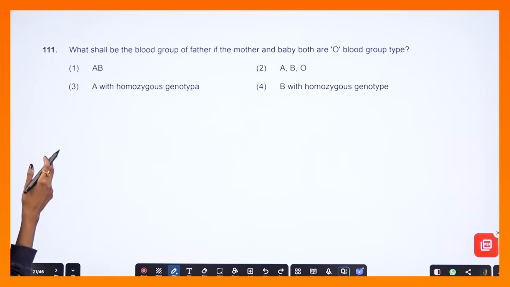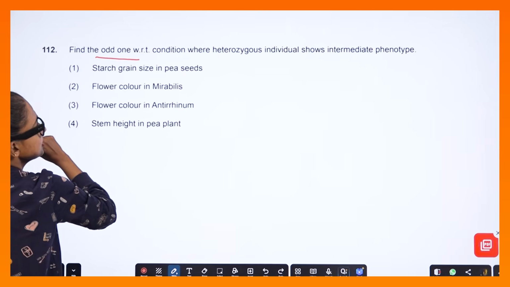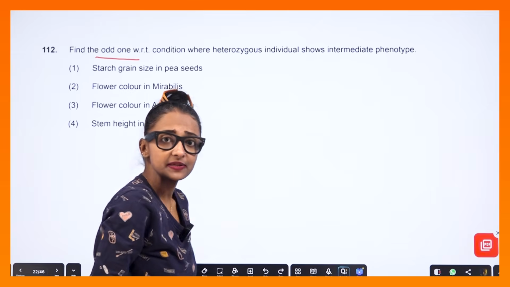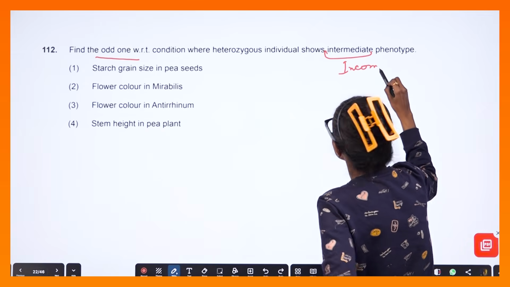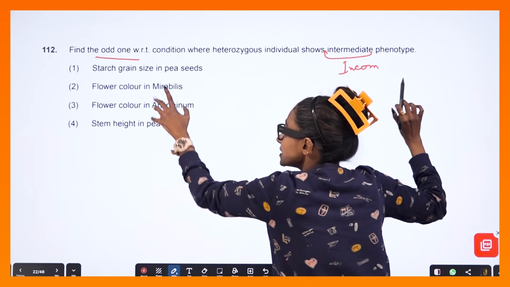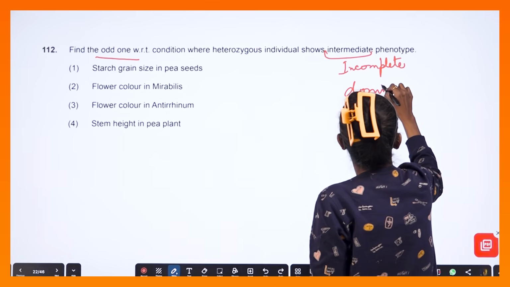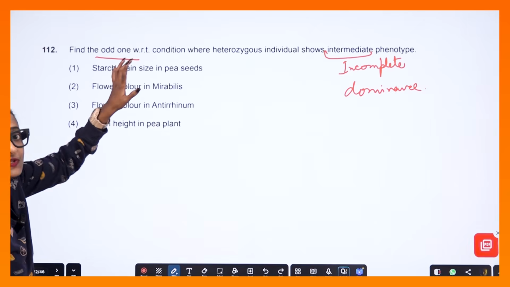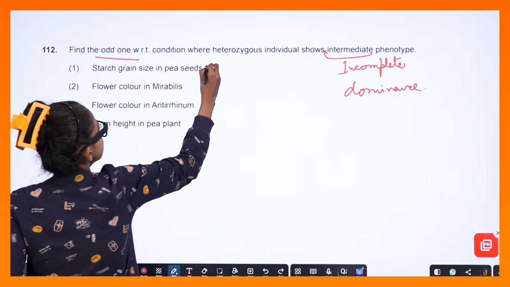All right. We have done one blood group question, so let's do something else. Find the odd one out: the condition where a heterozygous individual shows an intermediate phenotype. Intermediate phenotype means incomplete dominance, so you have to find which one is not incomplete dominance.